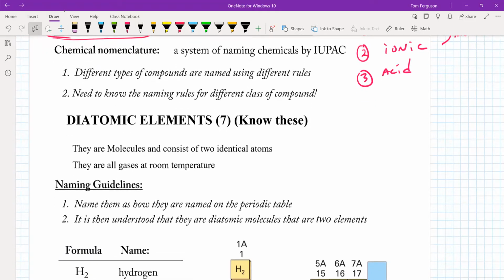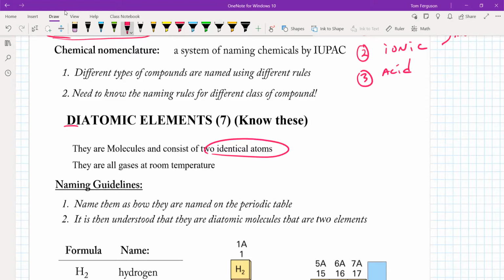An atom is made up of one element. A molecule is made up of multiple elements. Diatomic means there are two atoms in there, and diatomic also means that the two atoms are identical.